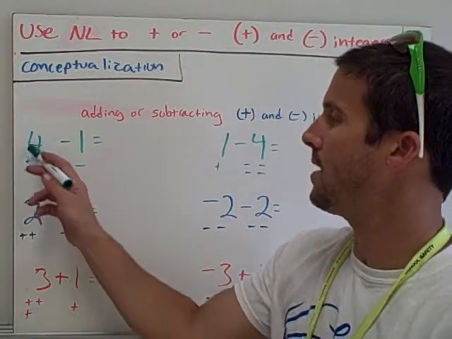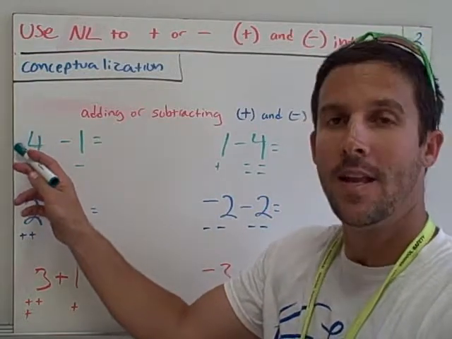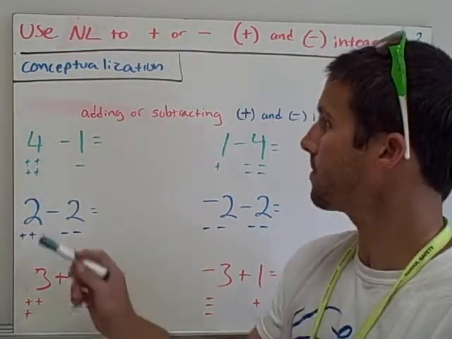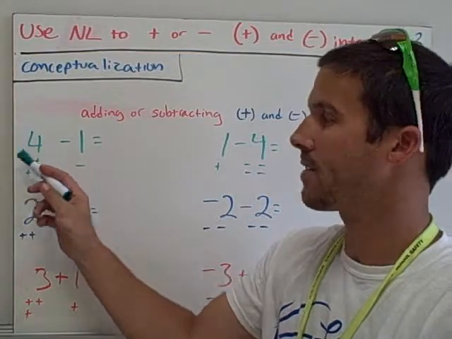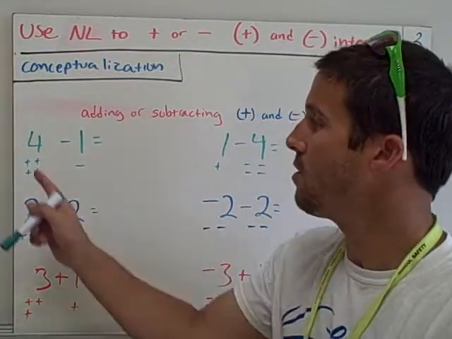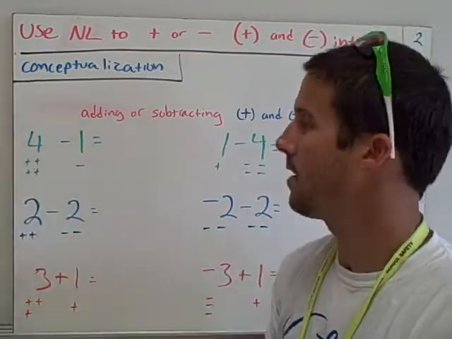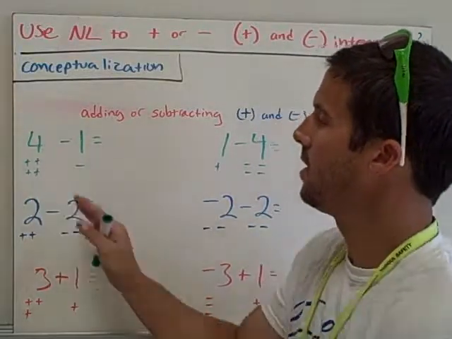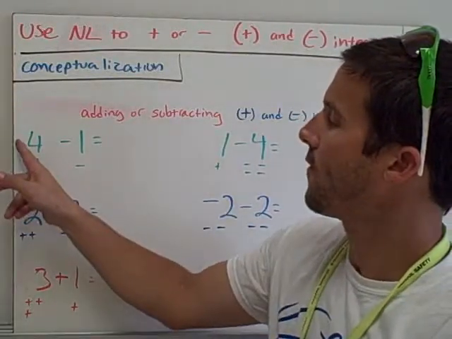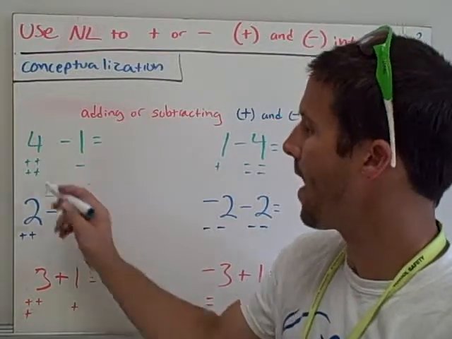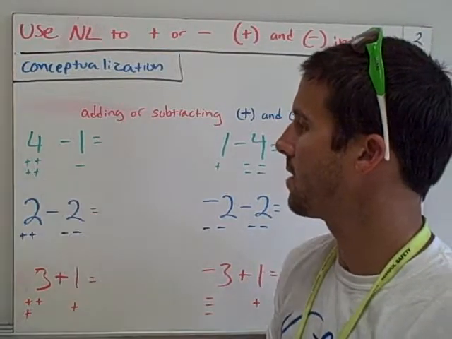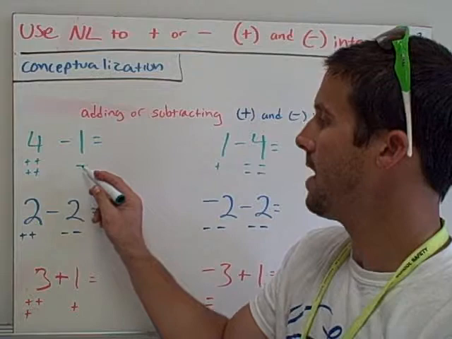I have 4 positives over here because any time I do not have a sign in front, that means it's positive. And usually it's out to the left side, we wouldn't have anything in here. But here we go. 4, which is a positive 4, so I have 4 positive signs minus a negative sign.